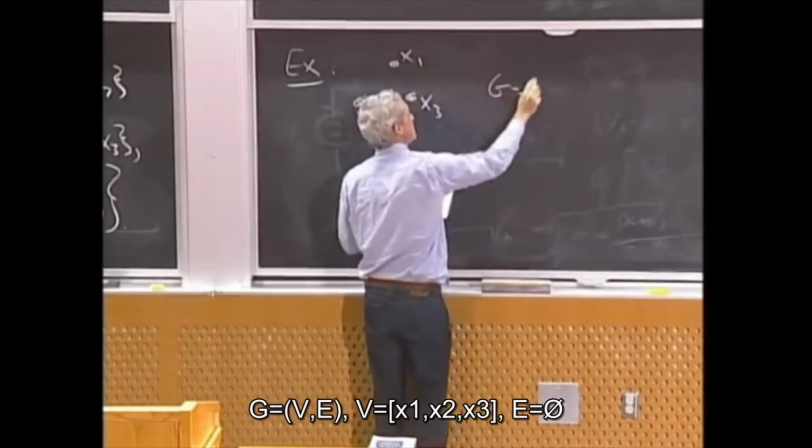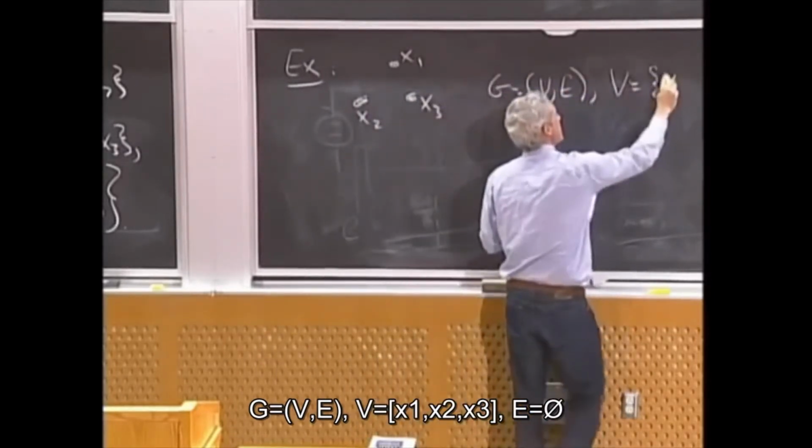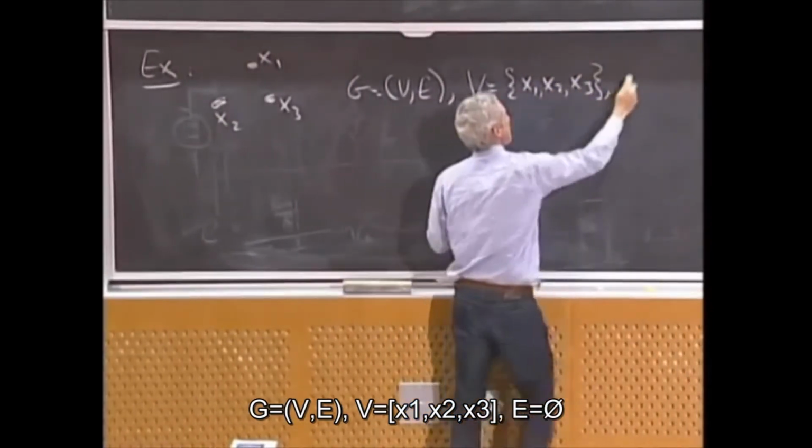So here G equals (V, E), V equals {x1, x2, x3}, and E is just the empty set.